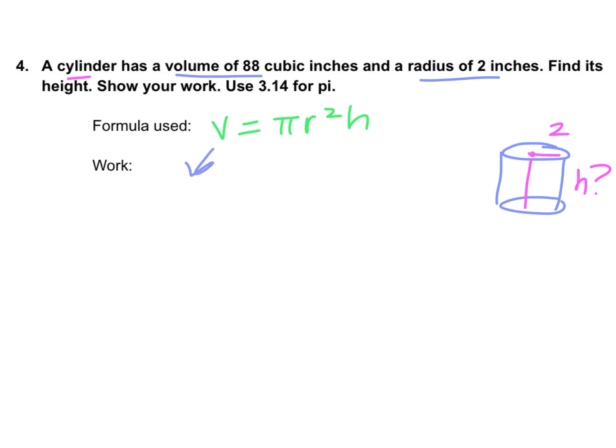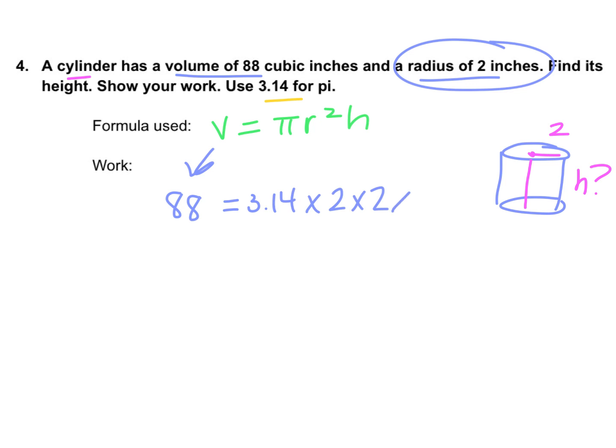And now I'm going to show my work. So I know the volume is 88 cubic inches. I know that I'm supposed to use 3.14 for pi because the directions said that. And then I do also know that the radius is 2 times 2. But I don't know the height.